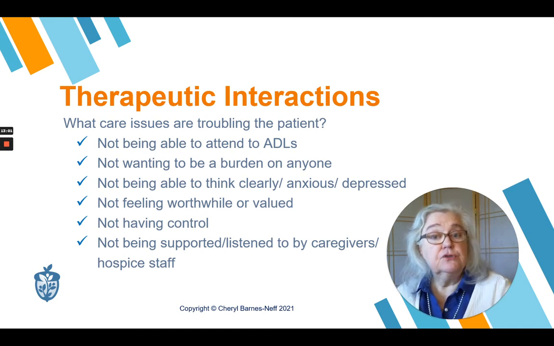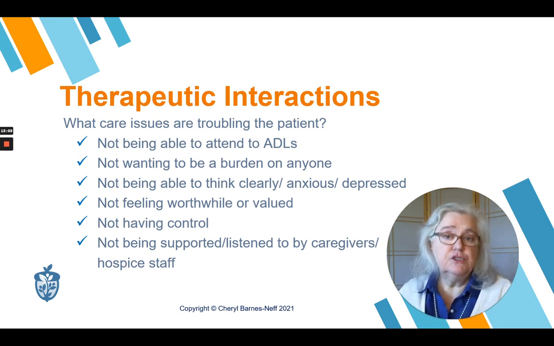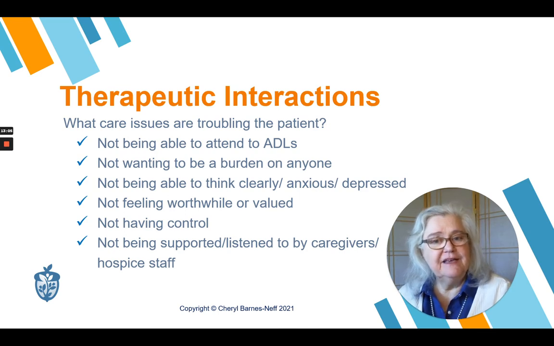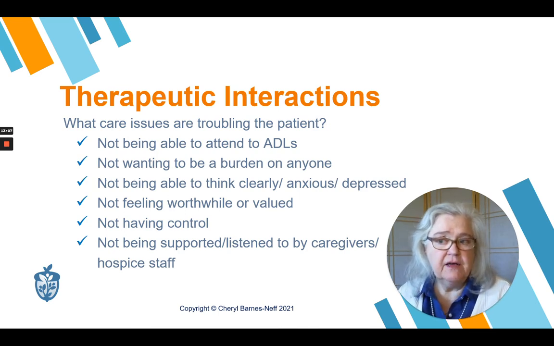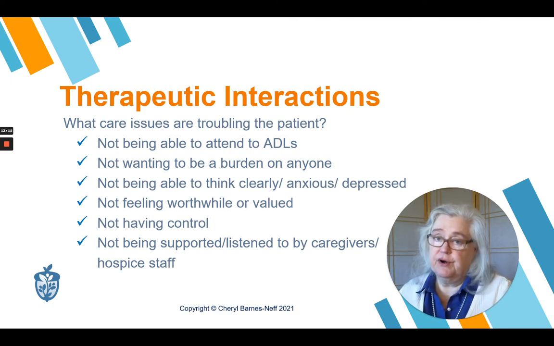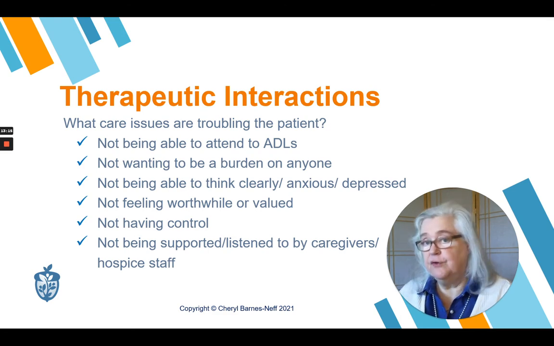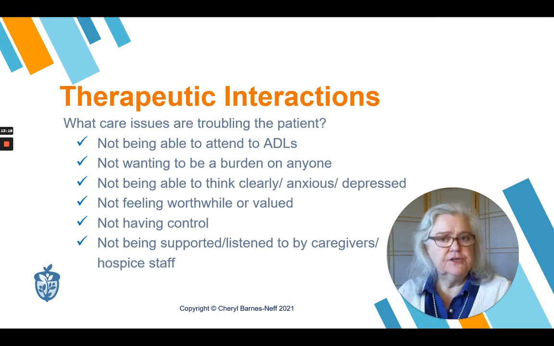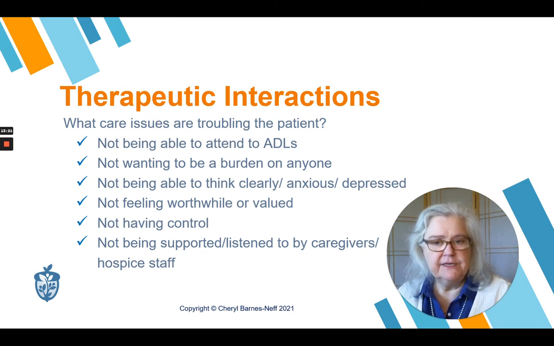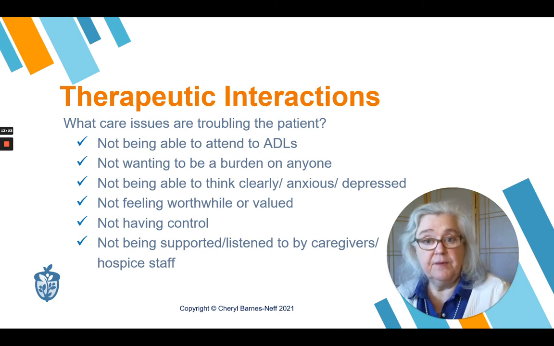So not having control can be a very large burden for the patient, because even though they don't want to be a burden to others, they want to be in control of what's going on in their life. And that may have been part of the role that they have in their own family. They're the ones in control. They're the ones who kind of run the show, direct the traffic of the family, and determine what's going to happen or not happen.